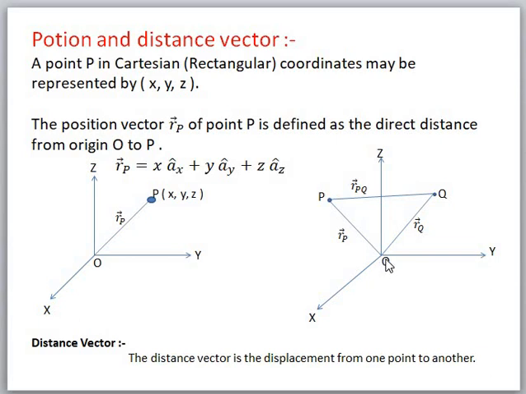This point is the origin. Now this point is considered point P, this point is considered point Q. The position vector of P is represented by vector R_P and the position vector of Q is represented by vector R_Q.